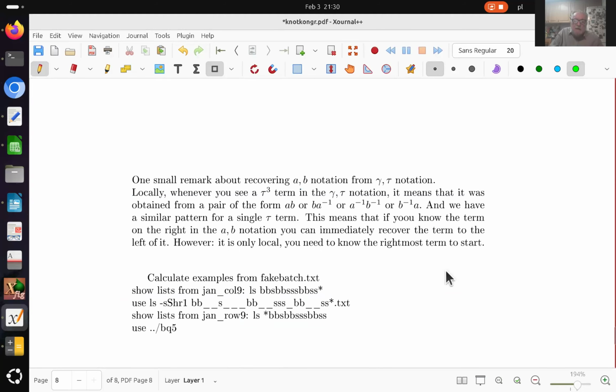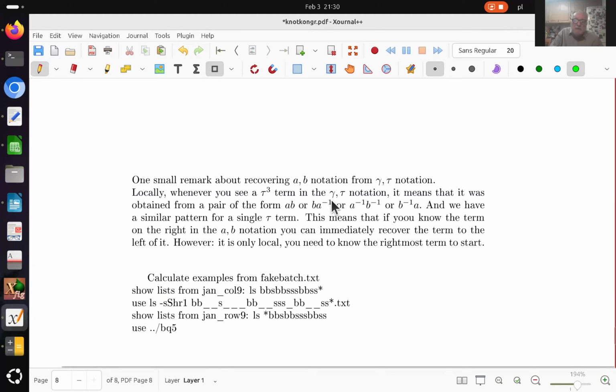And the nice thing is that if it is tau cube, then the A and B letters that may meet at this point are either AB or BA inverse, or A inverse B inverse, or B inverse A.